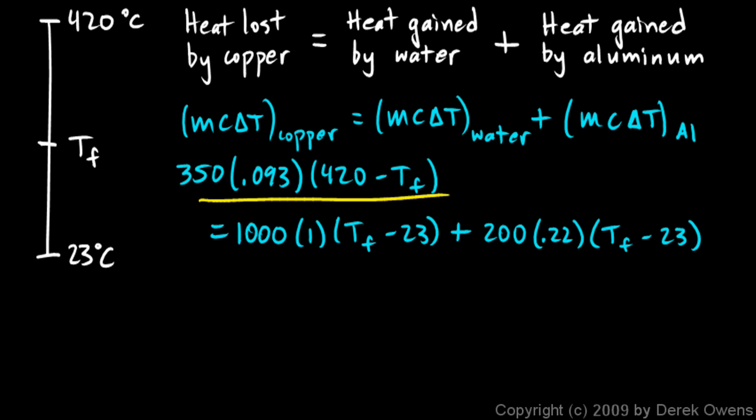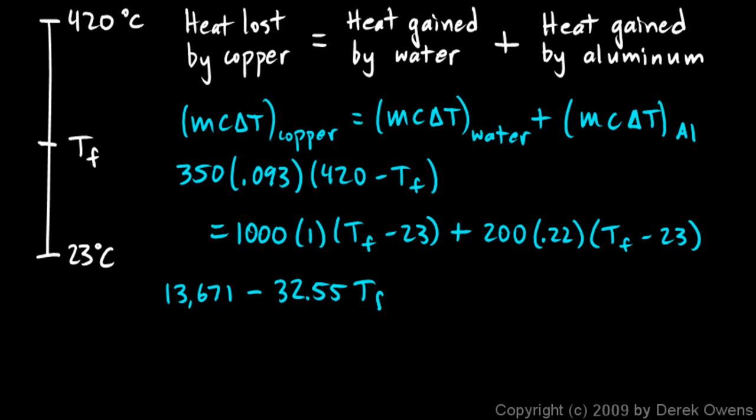So now we're going to work out the numbers in this equation right here. Okay, the left side first. 350 times 0.093 times 420 comes out to 13,671. Then we have this minus, and we have to distribute 350 times 0.093 times TF. So that comes out to be minus 32.55 TF when we do the math right there.